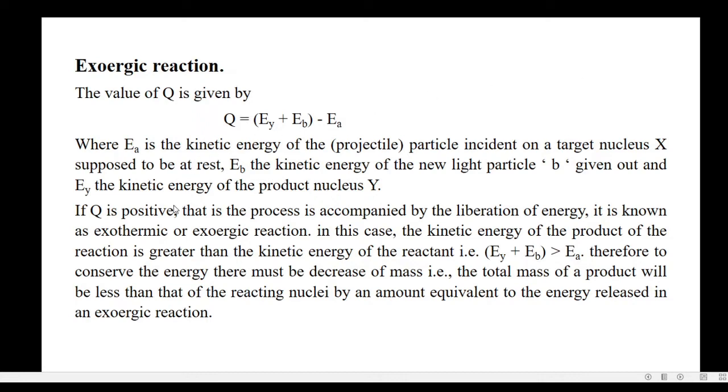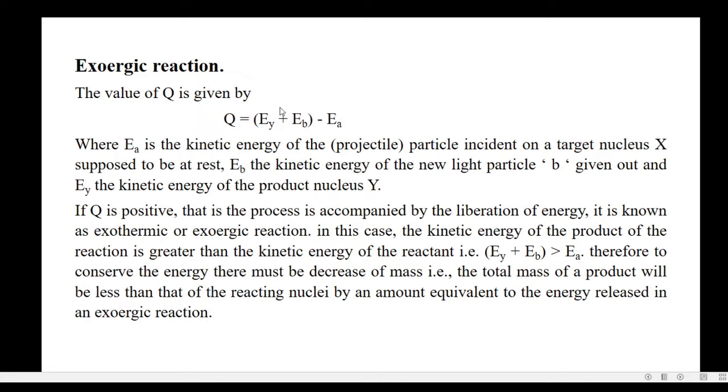If Q is positive, the Q is positive only when EY plus EB is greater than EA, or the kinetic energy of the product of the reaction is greater than the kinetic energy of the reactant.